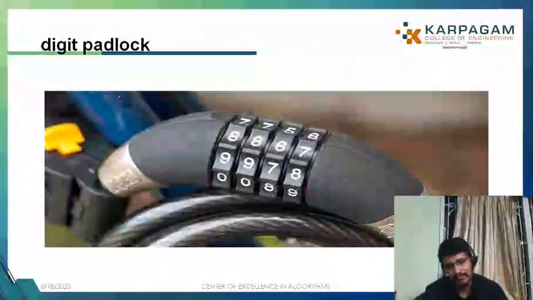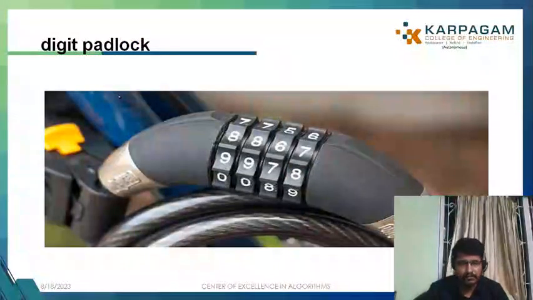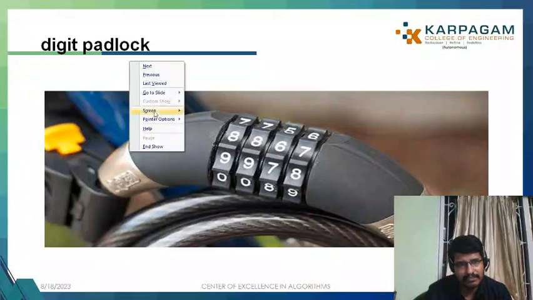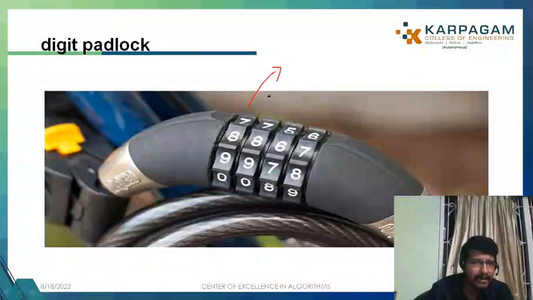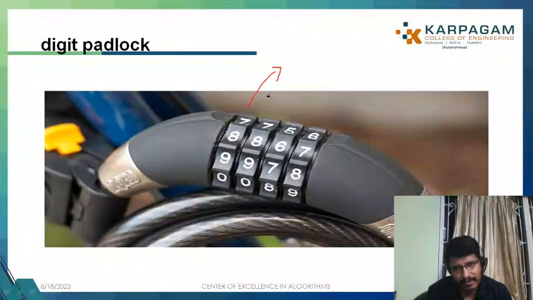Let me give an example here for the brute force approach. Think about something like a digit padlock. You might have seen these sorts of digital padlocks everywhere. There is an answer to unlock this.